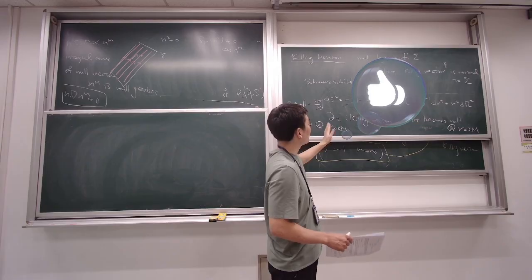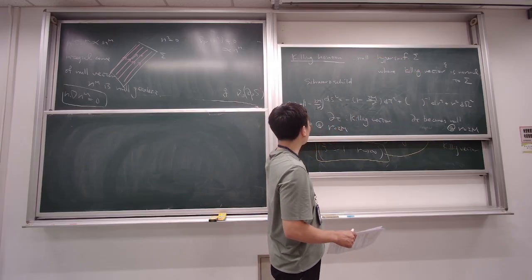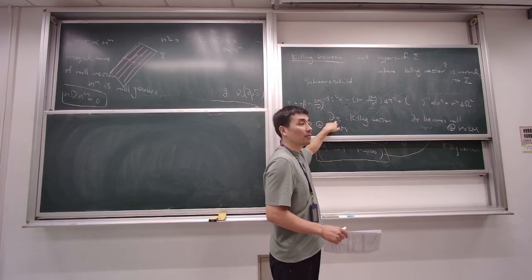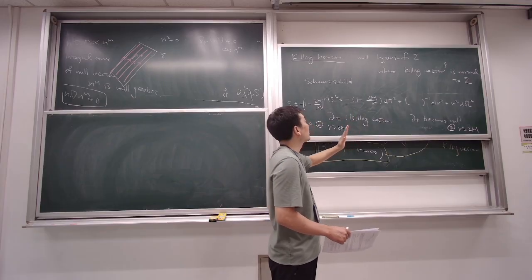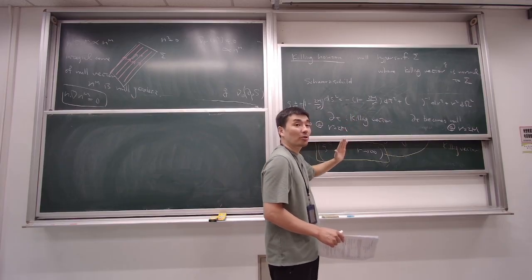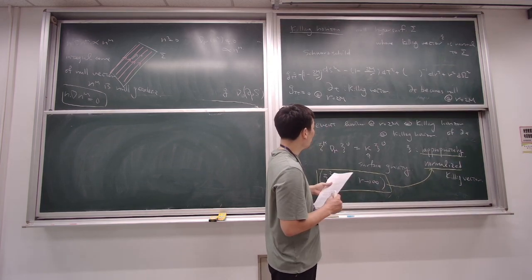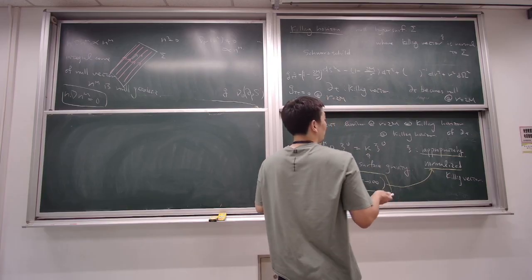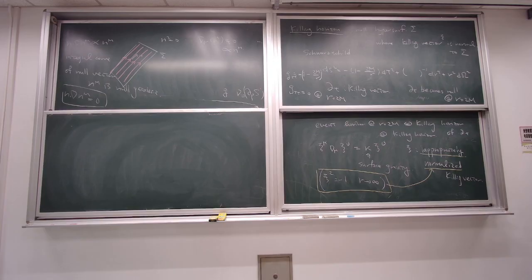It's totally fine. We know ∂_t is a Killing vector, and it becomes null at the event horizon, where it is normal to the horizon. So the event horizon is the Killing horizon of ∂_t.